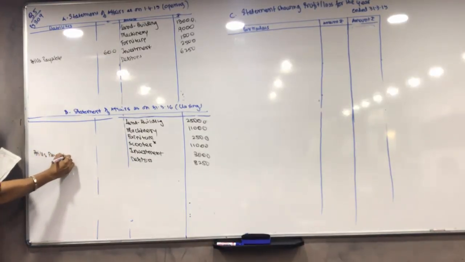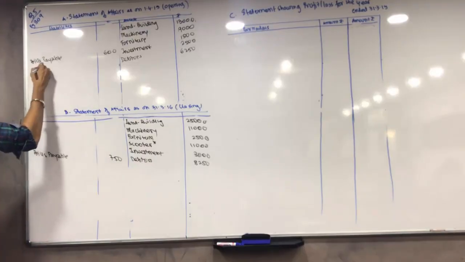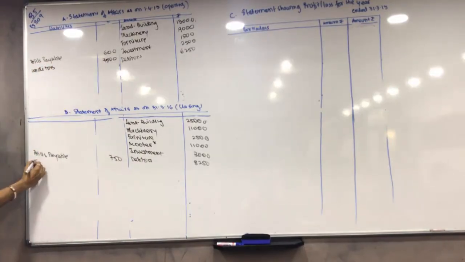Bills payable, 100. Creditors, 7,500. Creditors, 9,000.